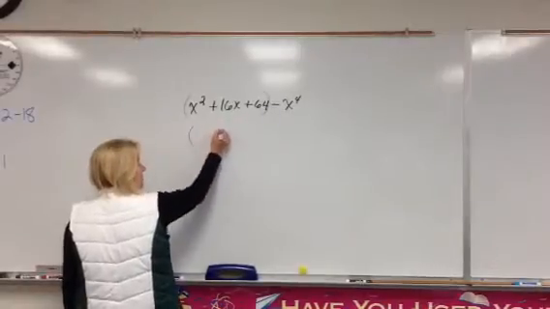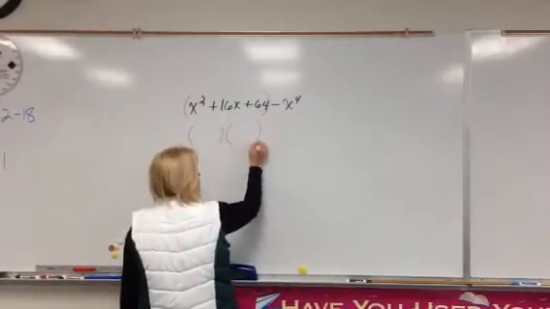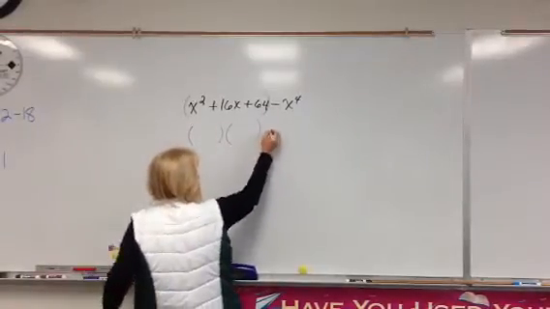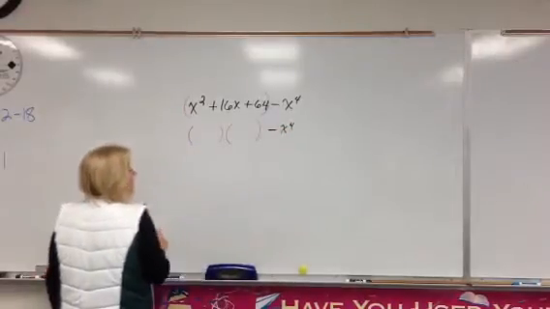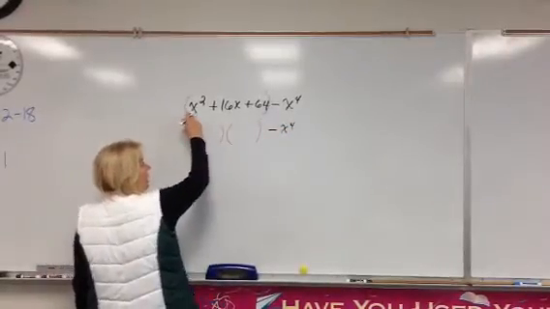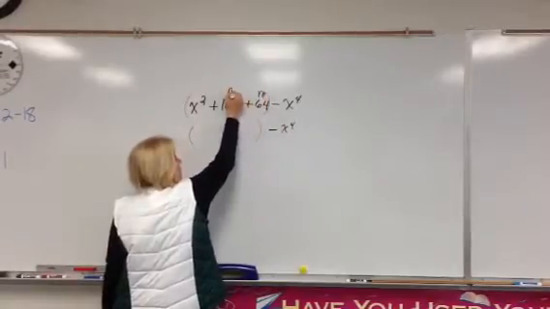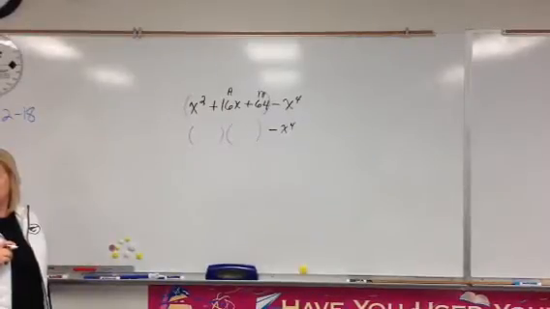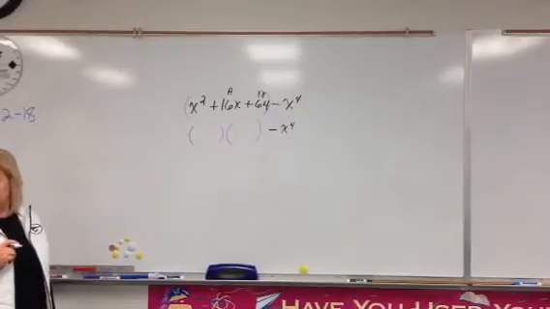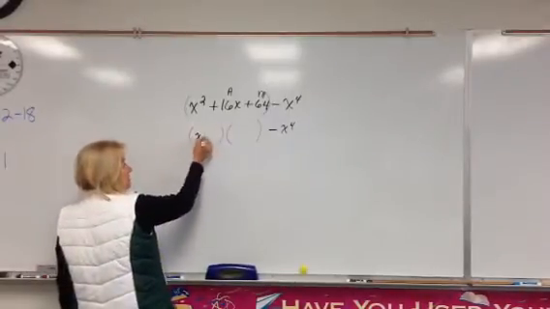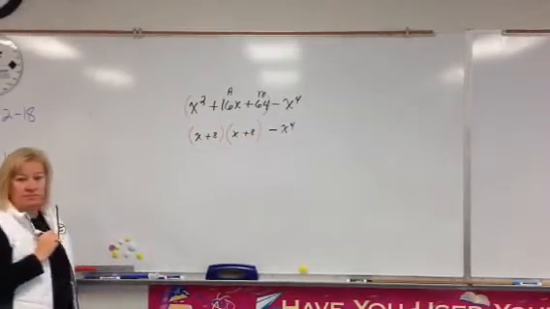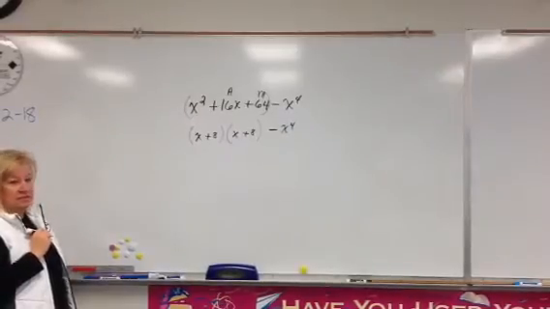So set your parentheses, just ignore the minus x to the 4th right now. You can carry that along, it's not going to do much right now. Since the leading coefficient is 1, I need 2 numbers that multiply to 64 and add to 16. What would that be? 8 and 8, right? So x plus 8, x plus 8. 8 times 8 is 64, 8 plus 8 is 16.